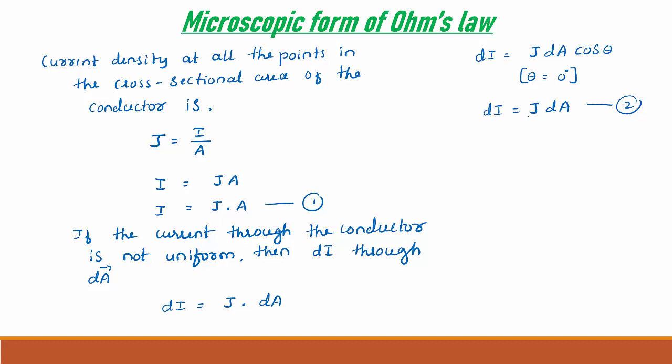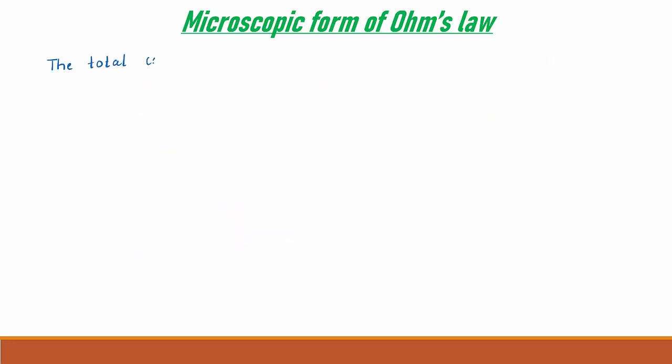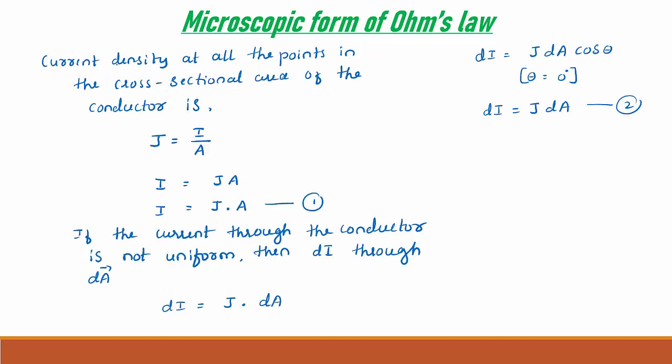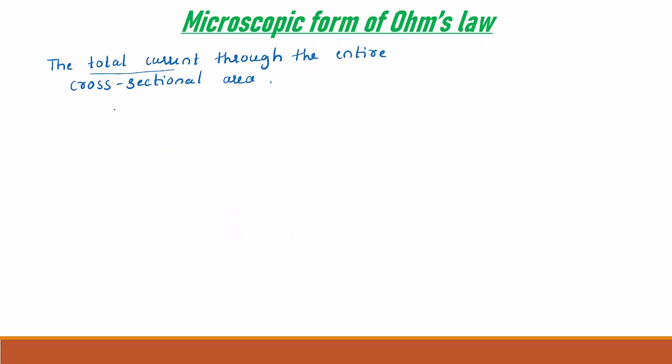By integrating equation 2, we can get the total current through the entire cross-sectional area of the conductor. So let us integrate equation 2. Equation 2 is dI equal to J into dA.